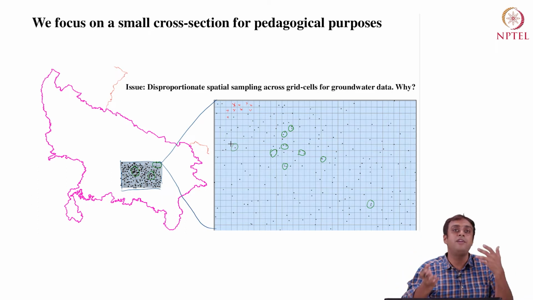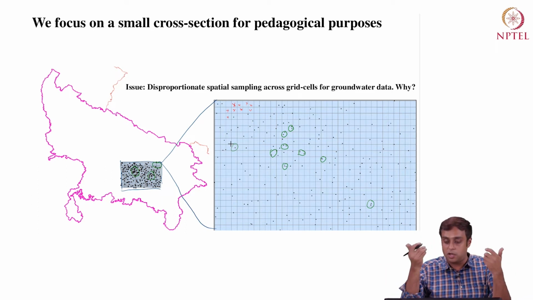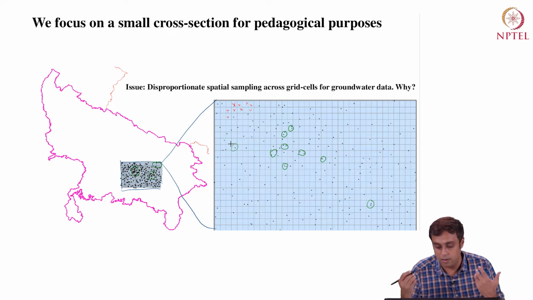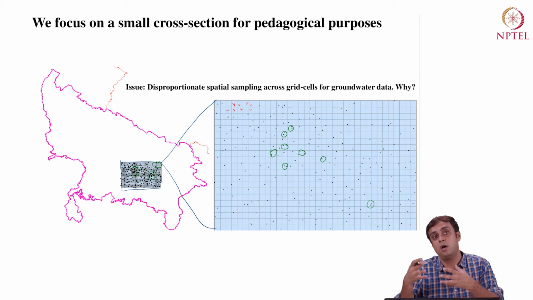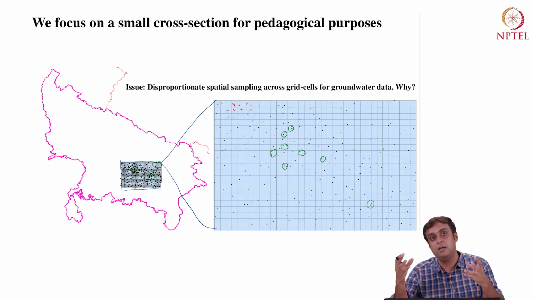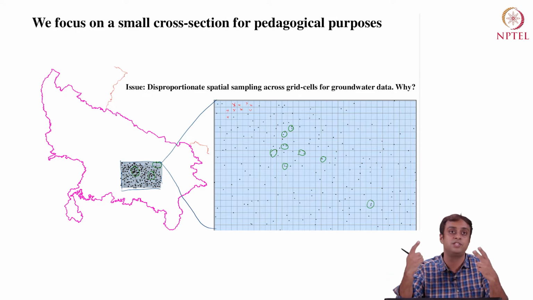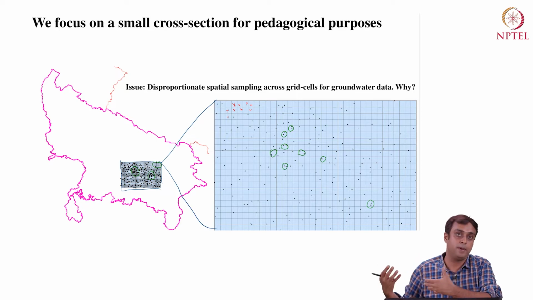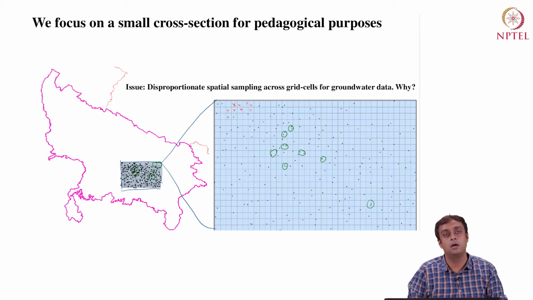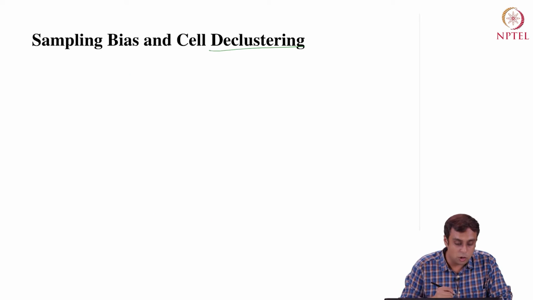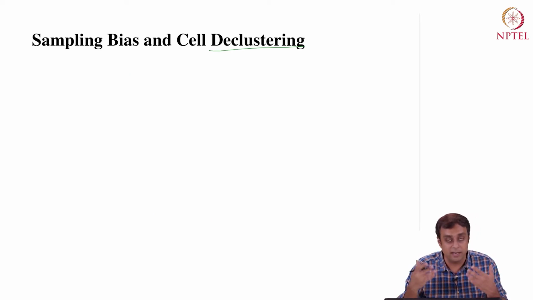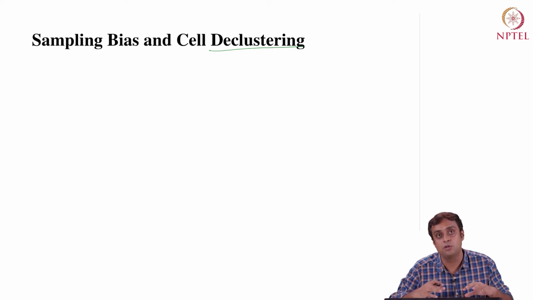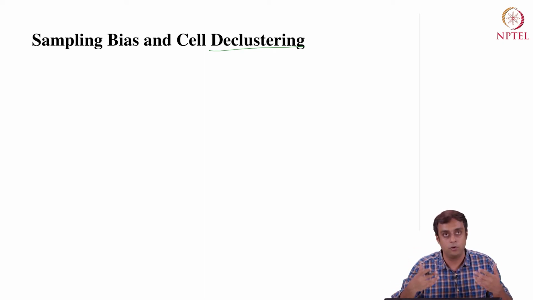How do we create a balance so that when we are comparing the means of values in a given cell with 2 observations versus 1 observation, it remains an apple to apple comparison rather than apple to oranges comparison? Okay, so let me first go through this idea of sampling bias and cell declustering, and then we will apply this to this data and then move forward to conducting the analysis.